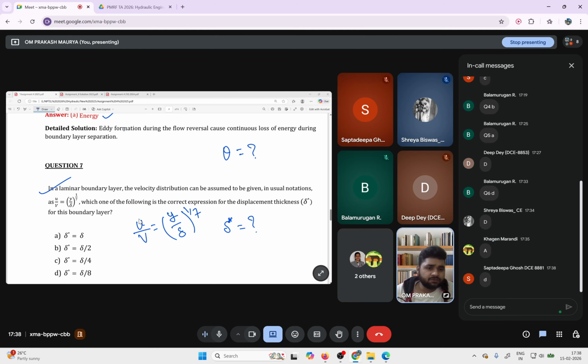Okay, so Ghosh is telling D option, delta star is equal to delta by 8. Okay, fine. Other students, please also try to write. Okay, Shreya is also telling D option, delta by 8.